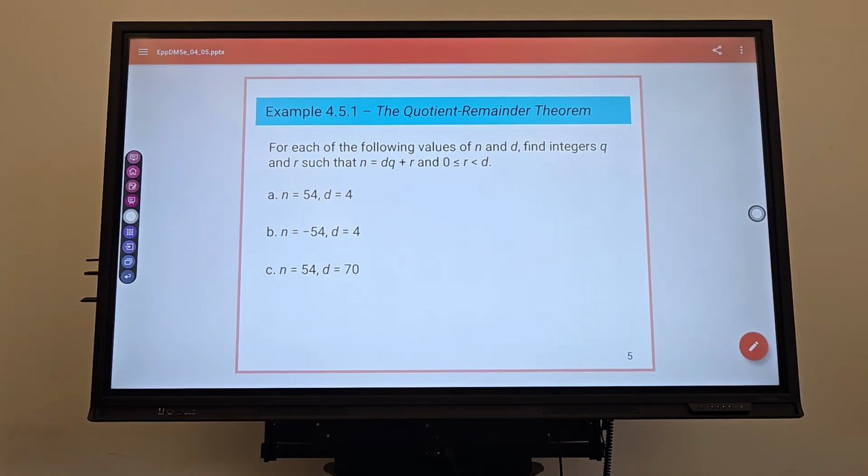For each of the following values of n and d, find integers q and r such that n equals dq plus r, and r is greater than or equal to 0 but less than d. n equals 54, d equals 4.